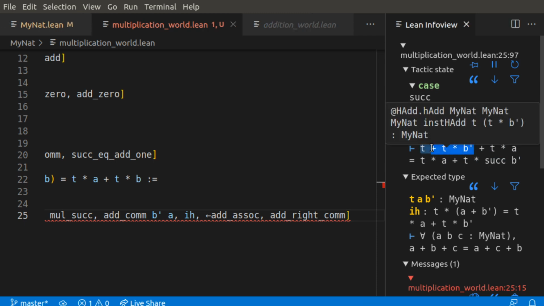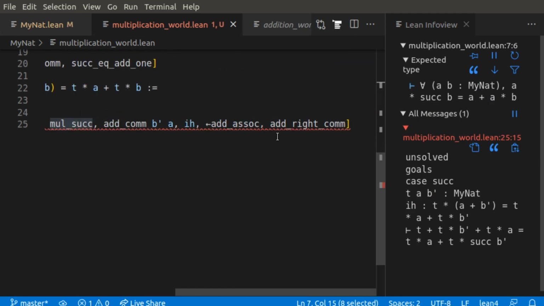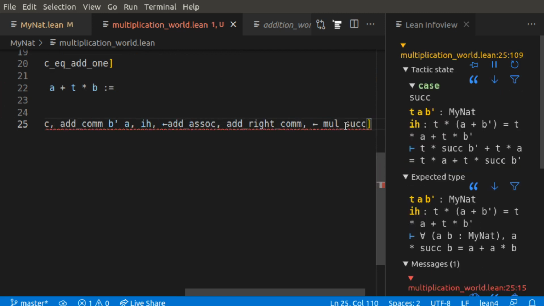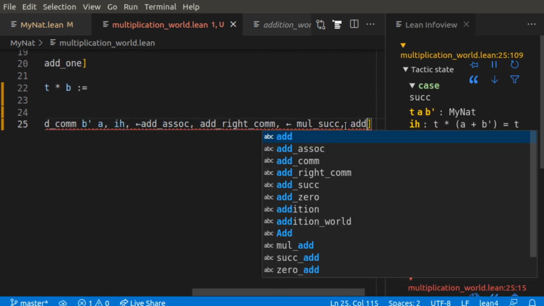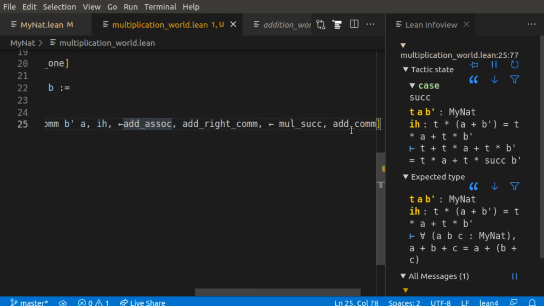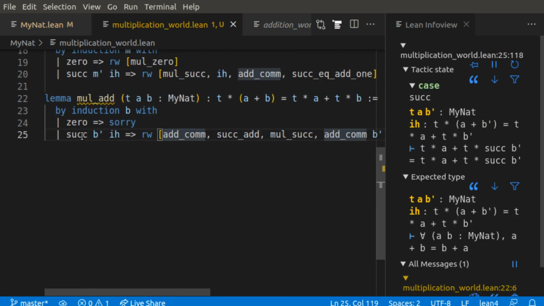Okay, now for that, we can finally apply mul successor in reverse. And then we can add commutative. And we're done. Okay, now let's take care of the zero case.